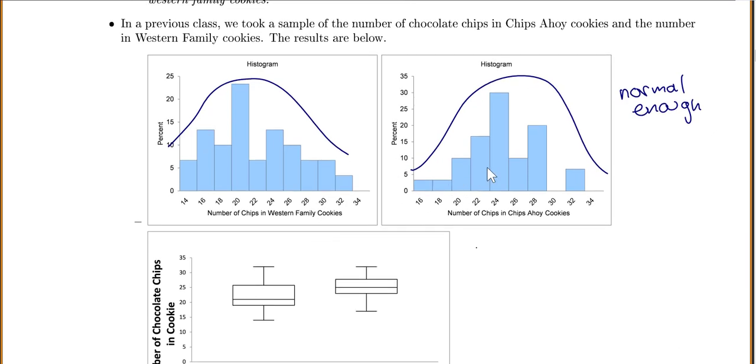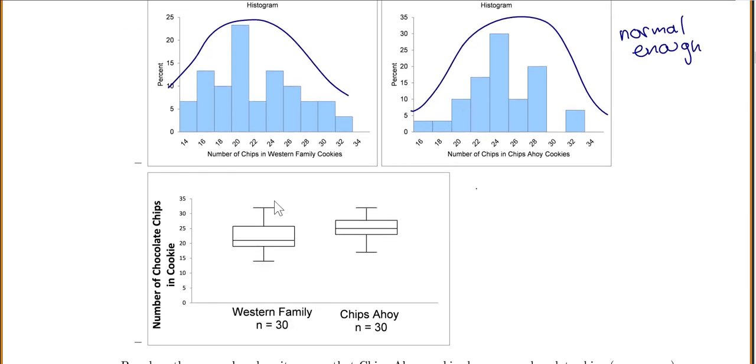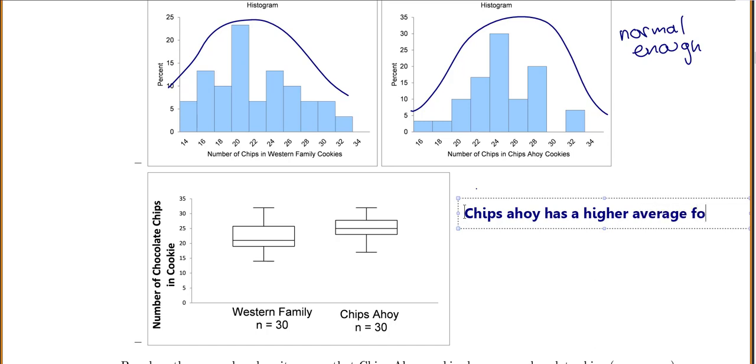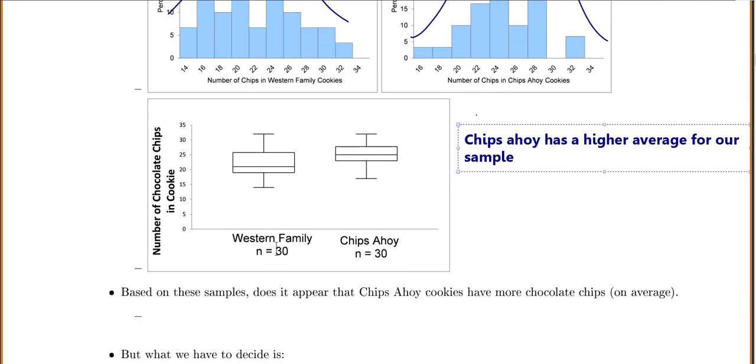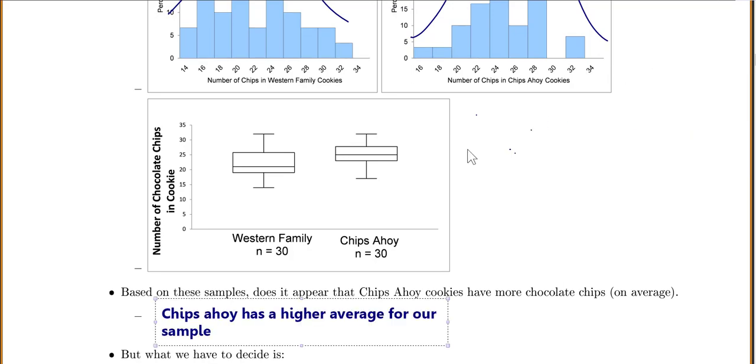Looking at the histogram, it's hard to see which one has a higher average, but looking at the box plots it is easier to see that Chips Ahoy has a higher average for our sample. So based on these samples, yes, it appears that Chips Ahoy has more chocolate chips.